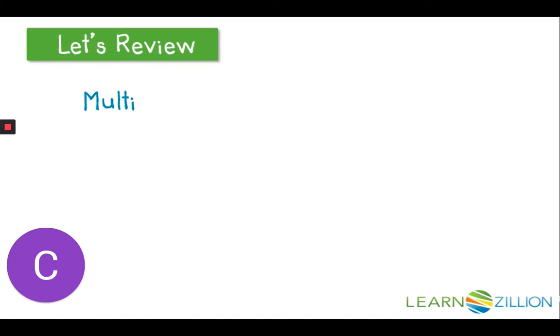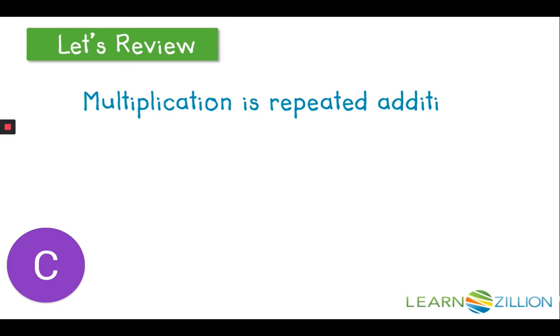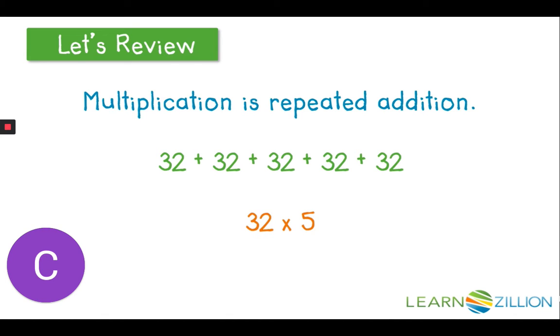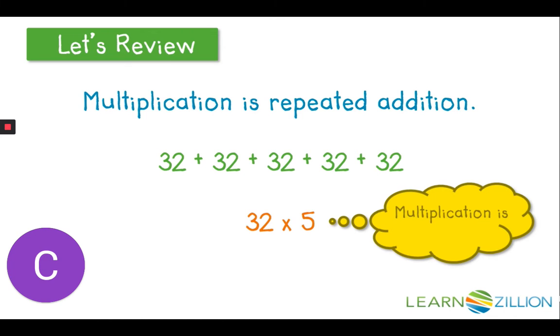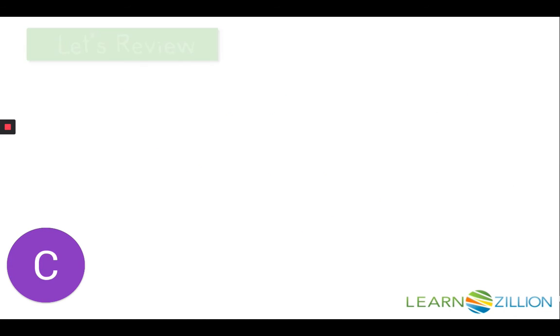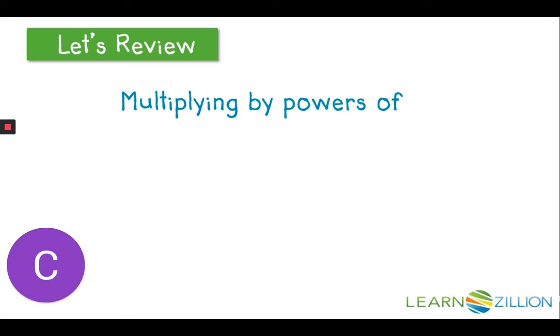20 is the product or answer to our multiplication problem. It is also important to remember that multiplication is repeated addition. Instead of adding together 32 5 times, we could simply say 32 times 5. Multiplication is much faster. It is important to remember the power of tens as well.